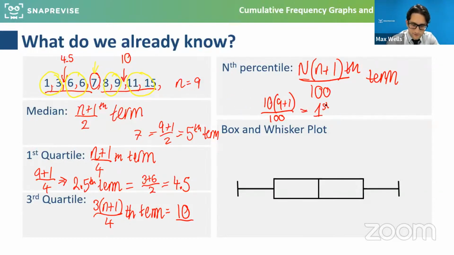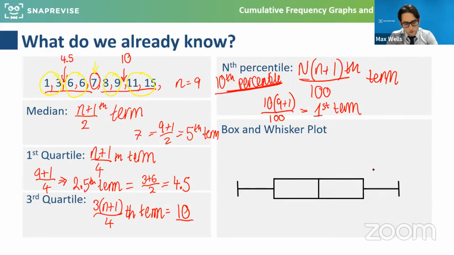So it's the first term. If we sense check it, the first term would be the 10th percentile, a 10th of the way through. It's a little bit weirder depending on the number in the list, but we're going to explore this today really carefully. So percentiles might be new from GCSE, but you hopefully have heard of quartiles and seen them before.